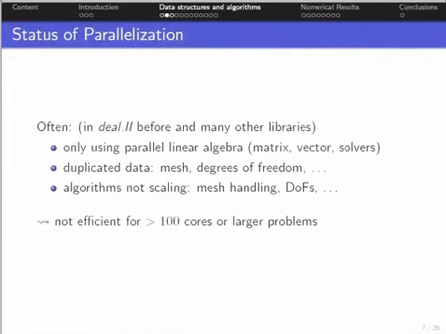So the mesh and all handling of the unknowns, degrees of freedom, and everything else was duplicated between the processors. All the work was duplicated because of that. It works reasonably well as long as your problem doesn't get too big to store the mesh locally, or as long as the number of cores is small enough. But we want to do better.